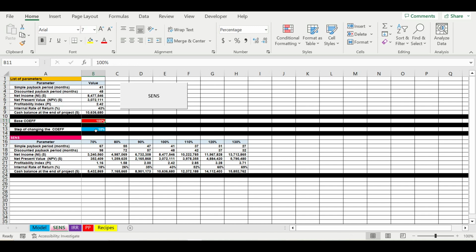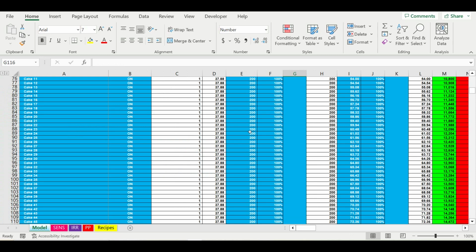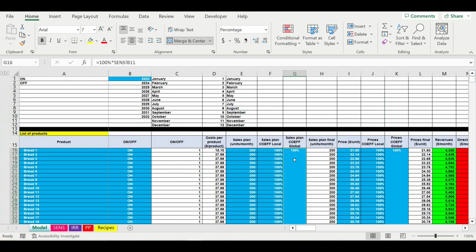This is a very interesting process because they sometimes create hundreds of scenarios for their business model, adding this sensitivity coefficient to this or that block of inputs. They are switching on and off different revenues and expenses. This system of coefficients and sensitivity analysis helps the future entrepreneur to see the strengths and the weaknesses of their business idea.